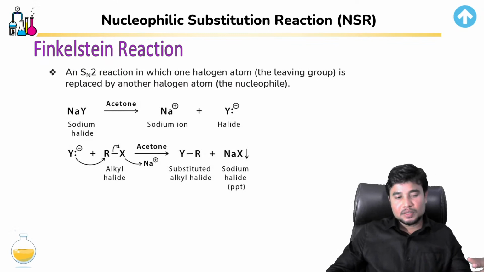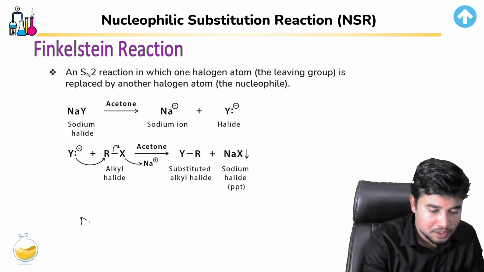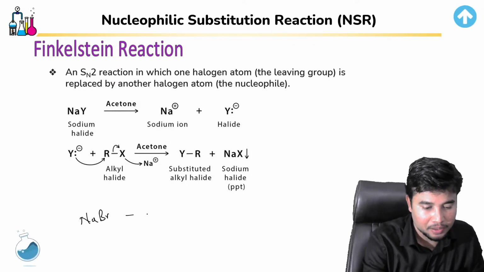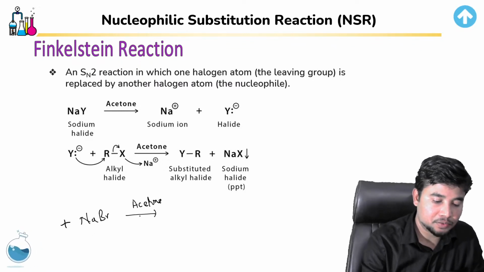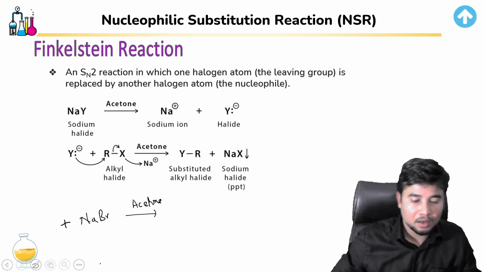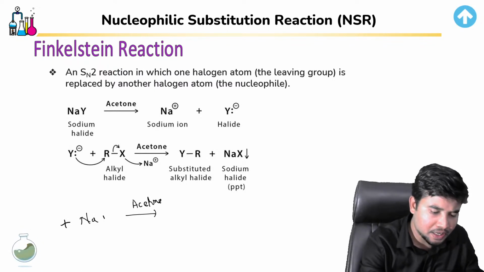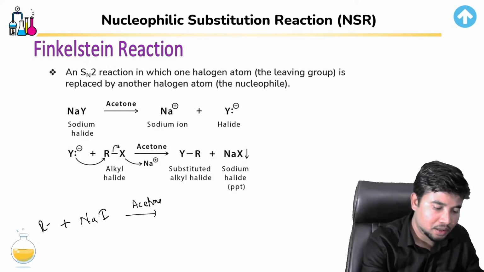So in the presence of acetone, let's say if you have NaBr, what would happen is this NaBr would react with, let's say, NaI. It reacts with RX or RBr, RCl or something.